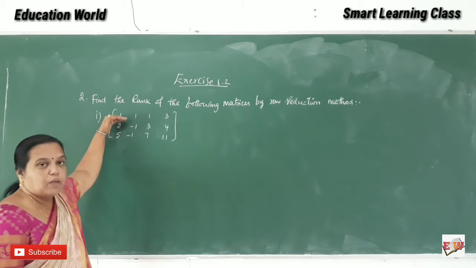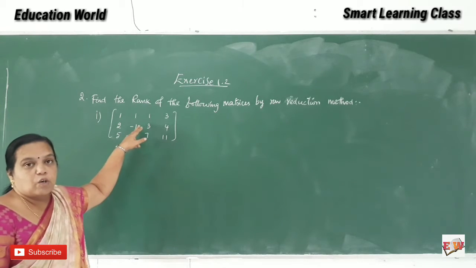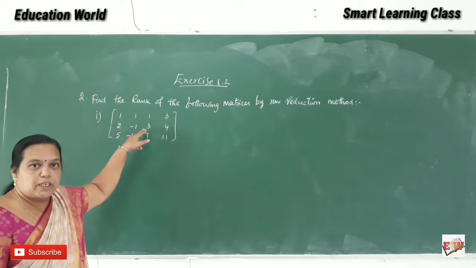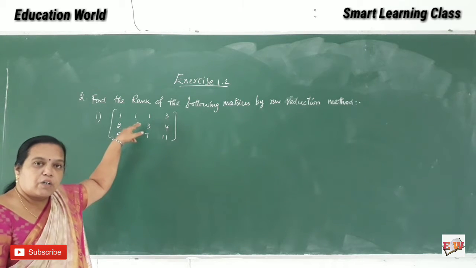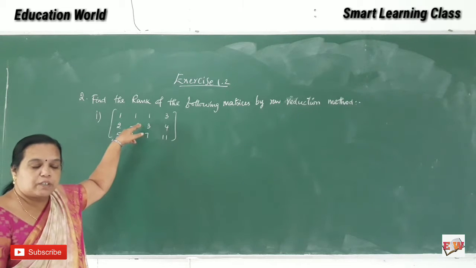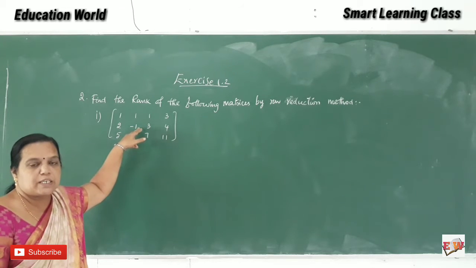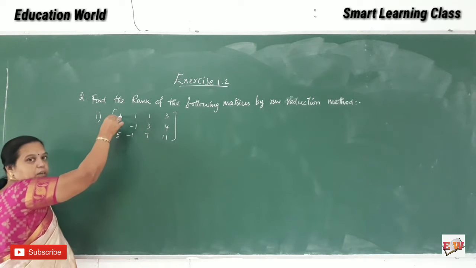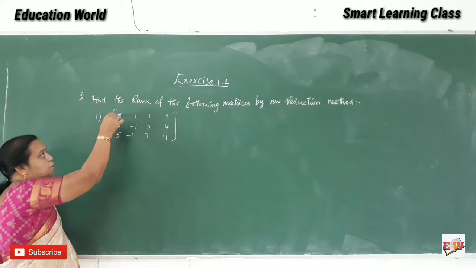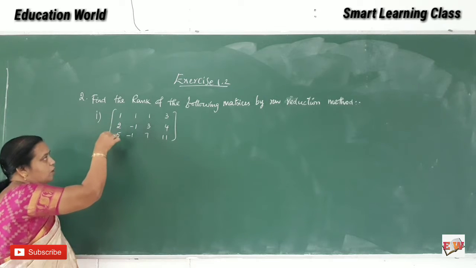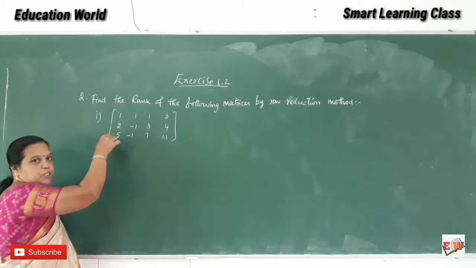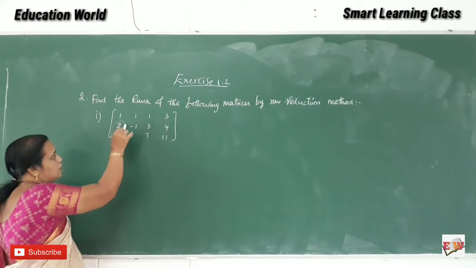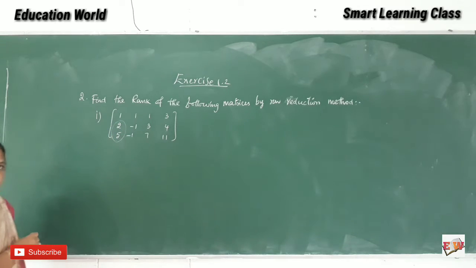The first non-zero element should lie to the right of the first non-zero element in the higher row, isn't it? One more thing, this is known as the pivot element. Below this all the entries should be 0, isn't it? So we have to bring these two elements to 0 first.